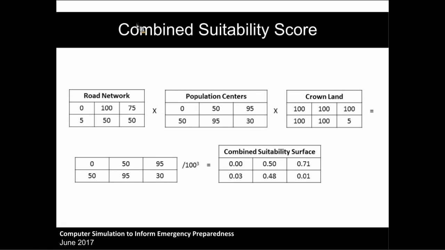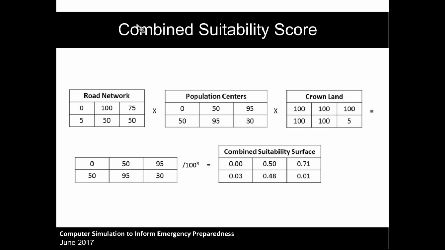Once we have these numbers in place, we multiplied them and divided them by a factor of 100 to get a combined suitability surface score that ranged between 0 and 1.